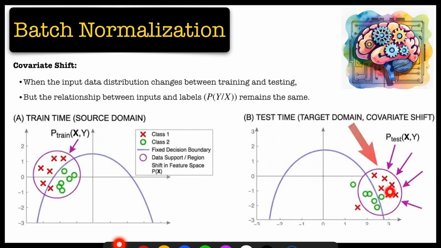At test time we got a different distribution. Data was here, now data is here in the test time. But still the model decision boundary is able to distinguish the classes. So we are not able to tell that this data distribution has changed, but the model is performing fine at test time. The relationship between inputs and labels, this probability of y given x, remains the same. So this model is performing well at test time.